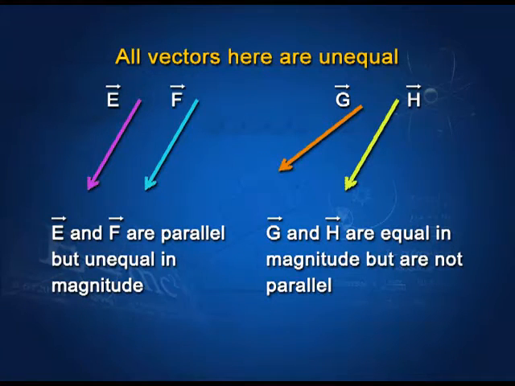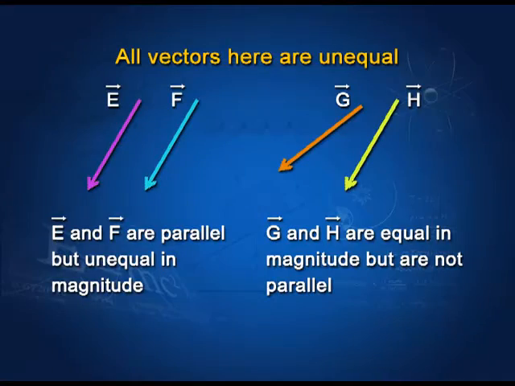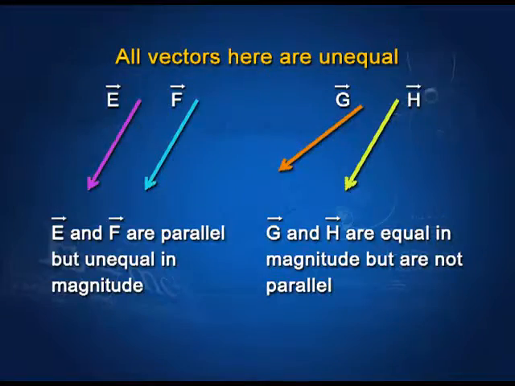Vectors e and f point in the same direction, but they have different magnitudes. Therefore, again by our definition they are not equal vectors. Equal vectors, let me emphasize, are those vectors which point in the same direction and which have the same magnitude.